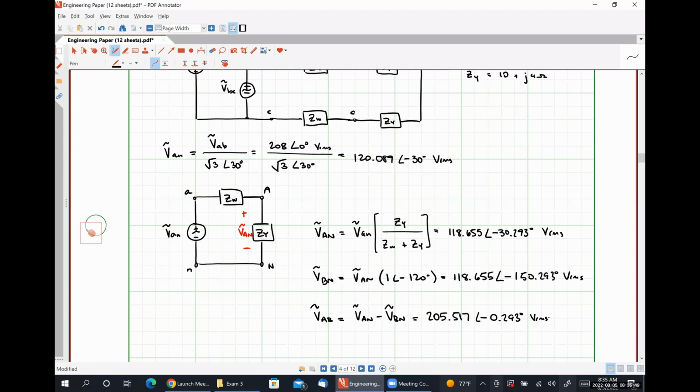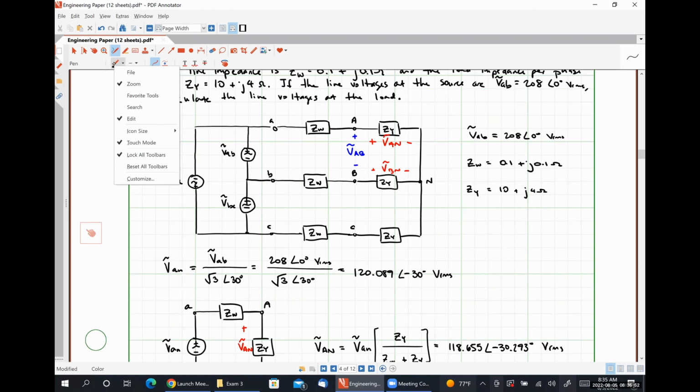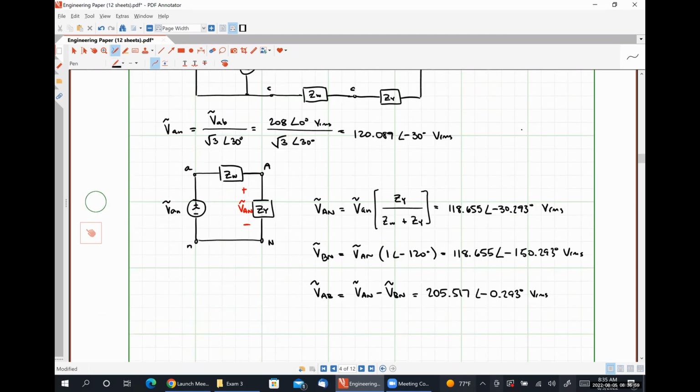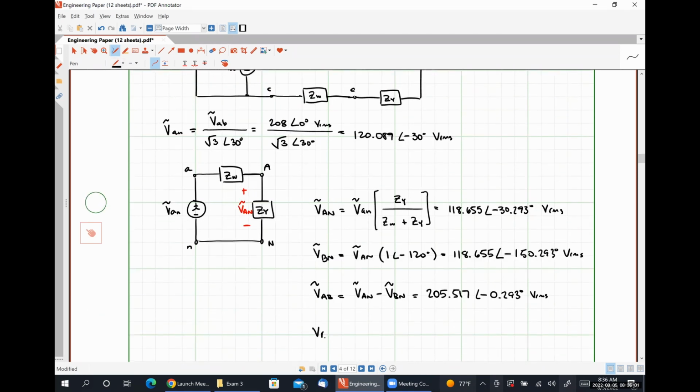That's if we use KVL around this loop, or we could say that VAB is just VAN times root 3 angle 30 degrees, which will also give us 205.517 angle negative 0.293 degrees.